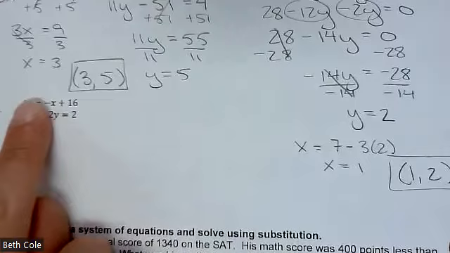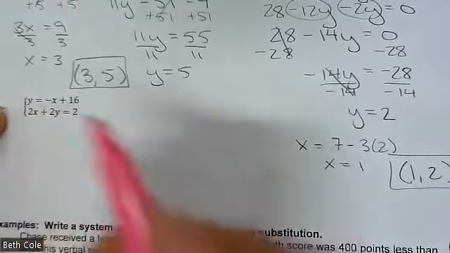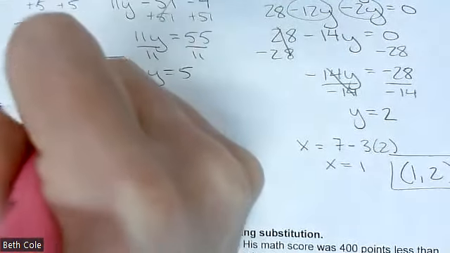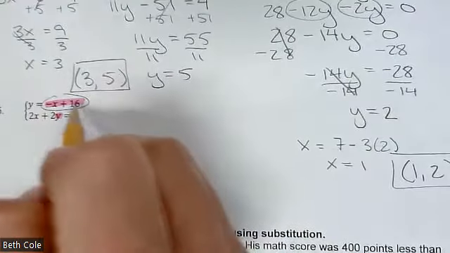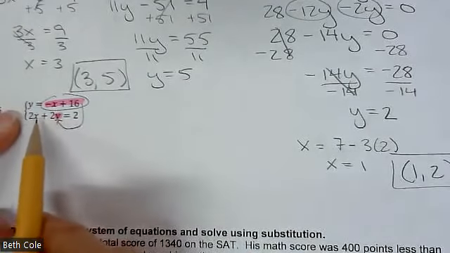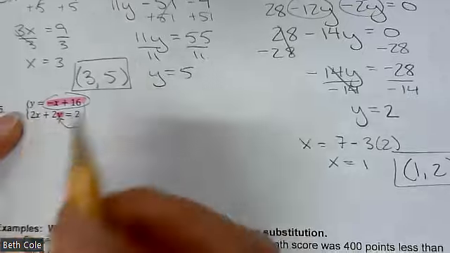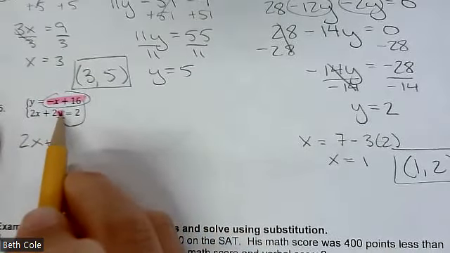Look at this one. Do you see one variable that's already alone? Do you see how y is already alone? So you're going to take this and substitute it in for y. And if you don't have a highlighter, you can just draw an arrow. So that's going to give you 2x plus 2 times what?